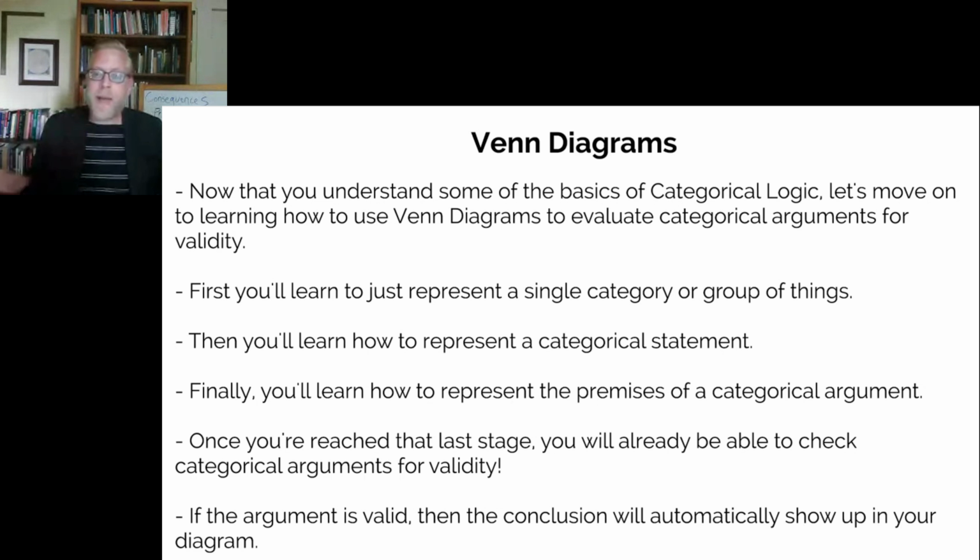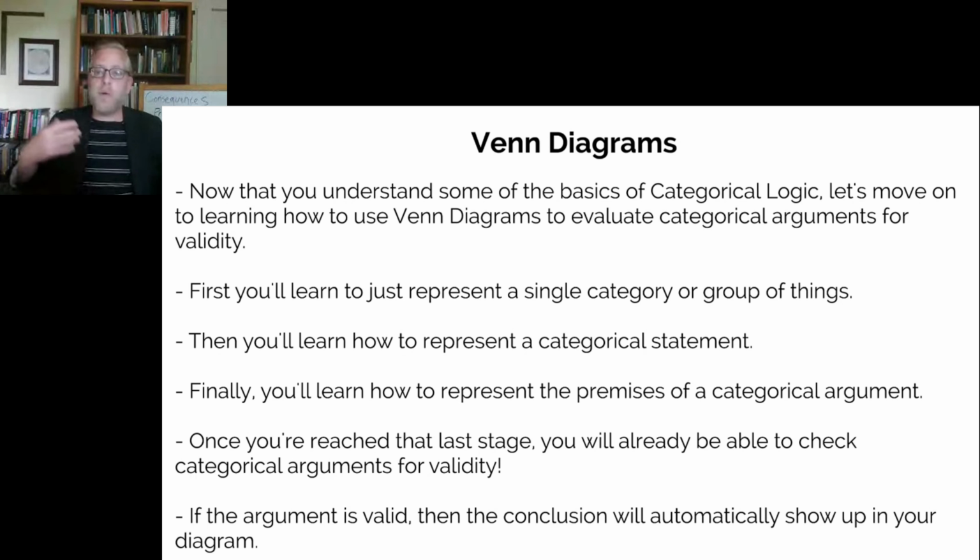That's the magic of categorical logic using Venn diagrams. You figure out a way to represent the premises, and then you put your pencil down and you just look at the results. You look at the diagram and try to see, is the conclusion now there?